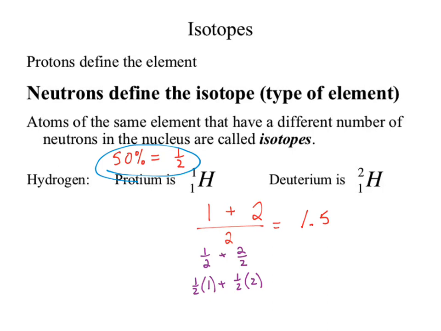What we're doing in that calculation is already a weighted average. We have the percent composition of A times the mass of A plus the percent composition of B times the mass of B. When I do that calculation, I end up with the atomic mass. Right?